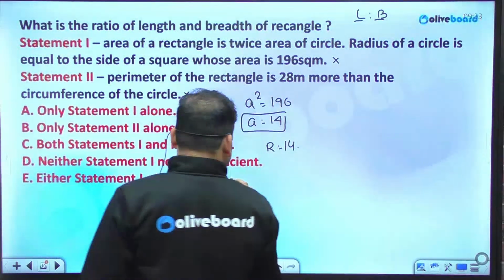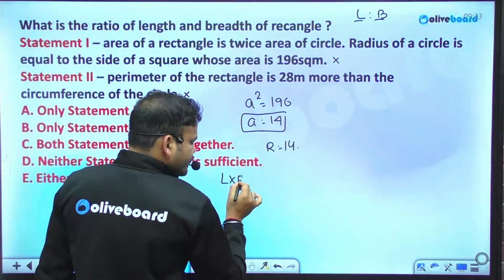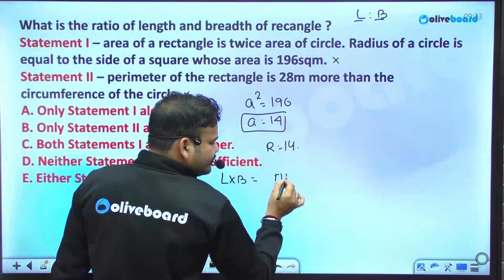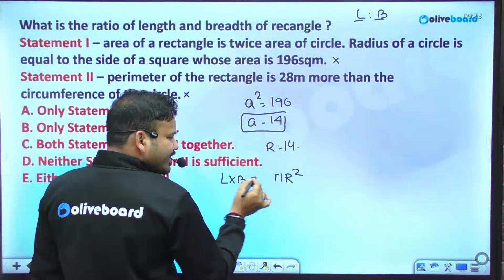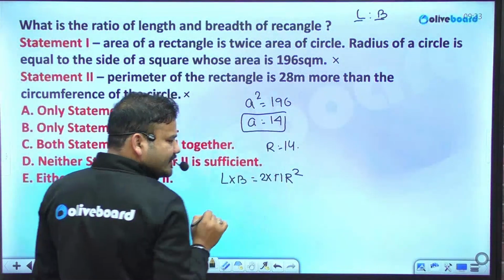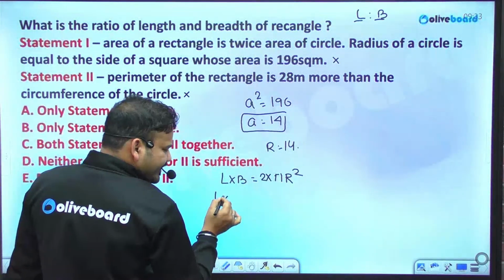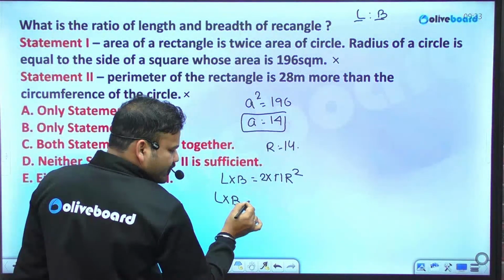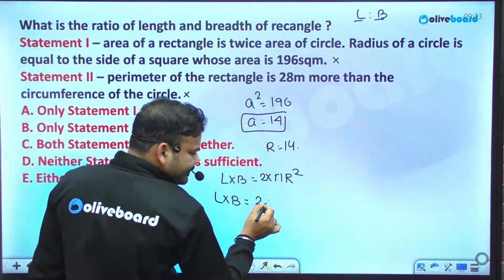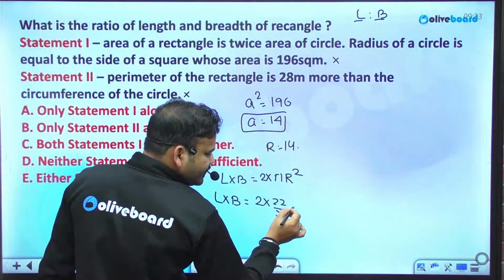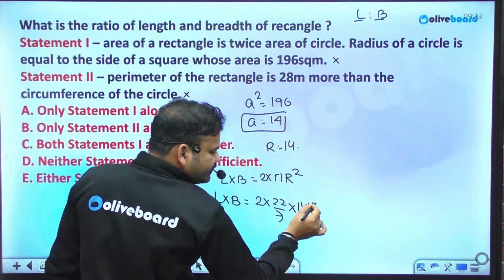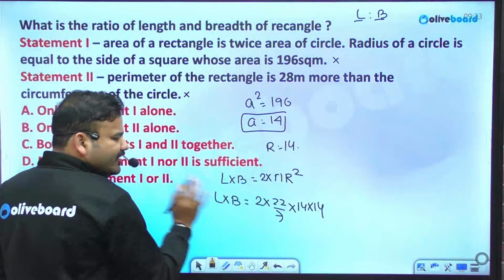Area of rectangle is L into B. Area of circle is pi r squared. So the area of the rectangle is twice the area of the circle. This is given. So from here we can calculate the value of L into B. So 2 times 22 by 7 into 14 into 14. Clear? So L into B is known.